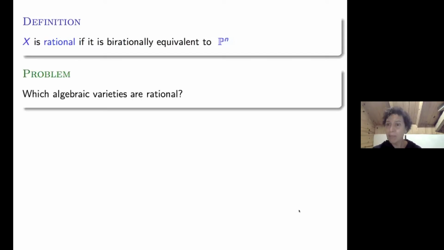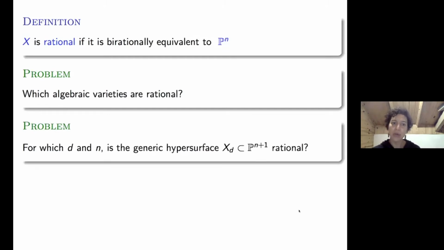And a very important problem in birational geometry is to determine which algebraic varieties are rational. This is maybe too vague a question, so let me put it in very concrete terms. If you fix the degree d and the dimension n, one can ask whether the generic hypersurface of degree d in P^(n+1) is rational.